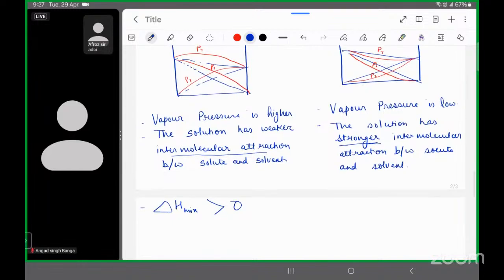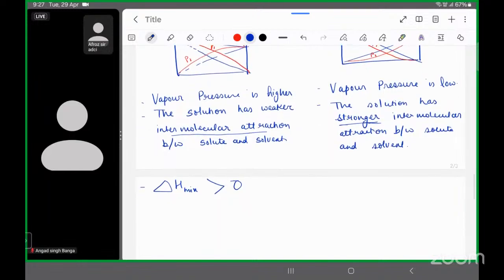Are you getting this point? Delta H mixing is greater than 0. It means the energy for the breaking of 1-1 and 2-2 is higher than the energy released during the formation of 1-2.